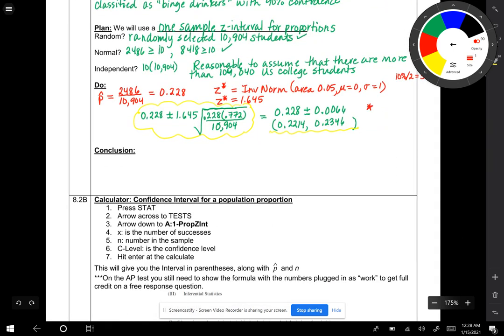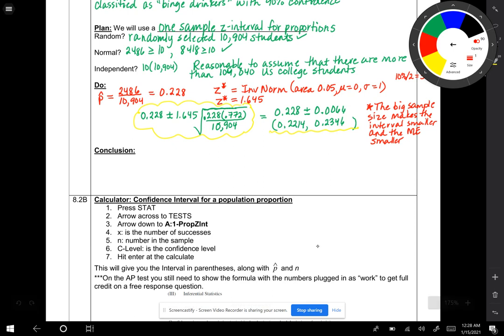The big sample size makes the interval smaller and the margin of error, ME is what we call it, smaller.